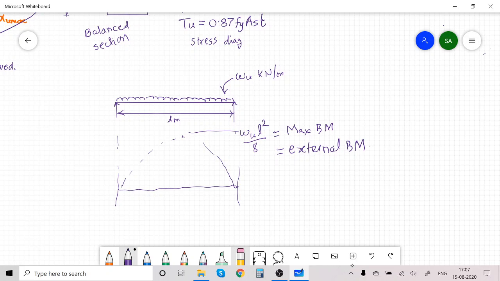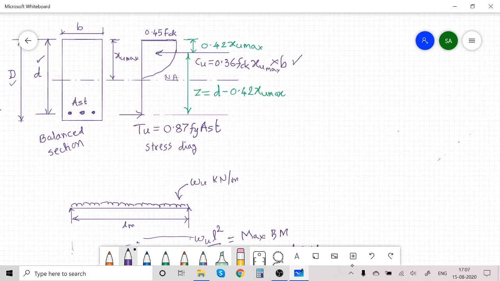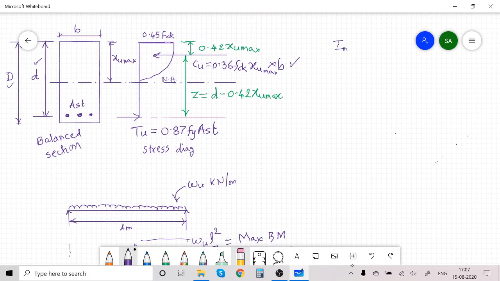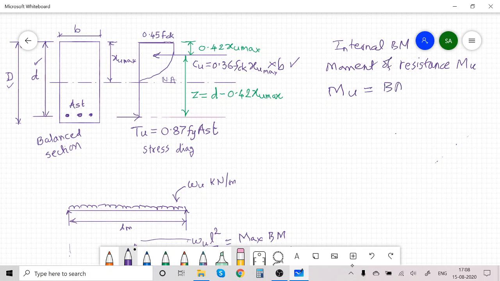Now, to resist this external bending moment, there must be an internal bending moment, which is known as the moment of resistance. It is called Mu. So Mu must be equal to BM max. So the action is the maximum bending moment, and the reaction is Mu, the moment of resistance.